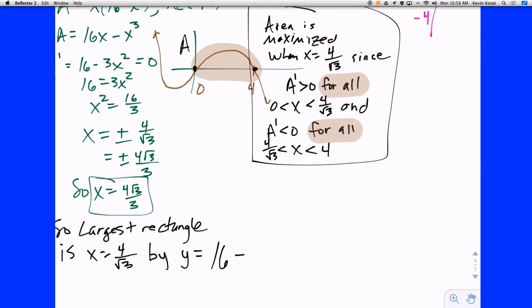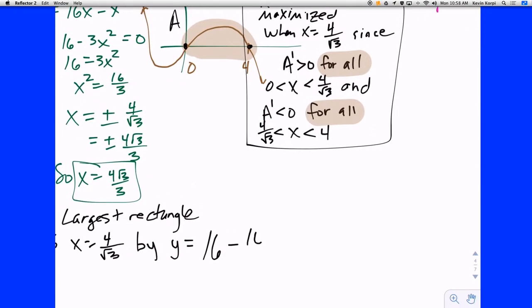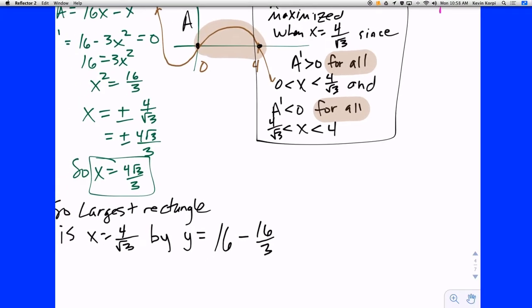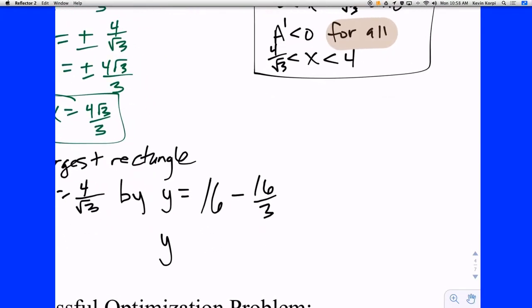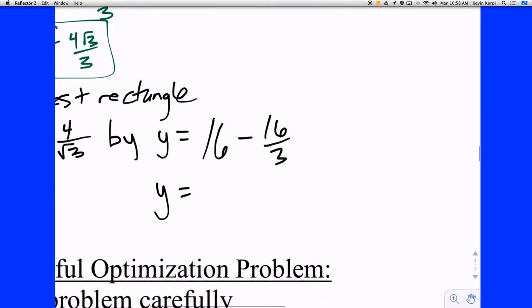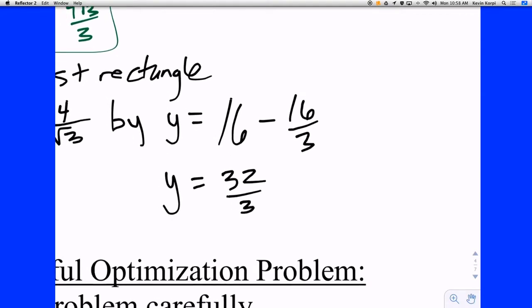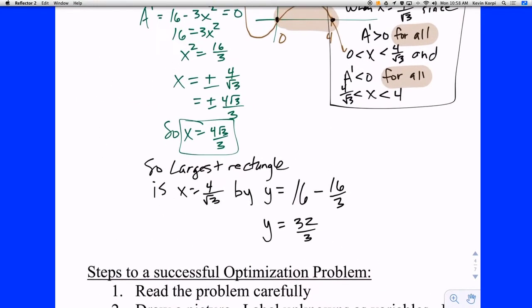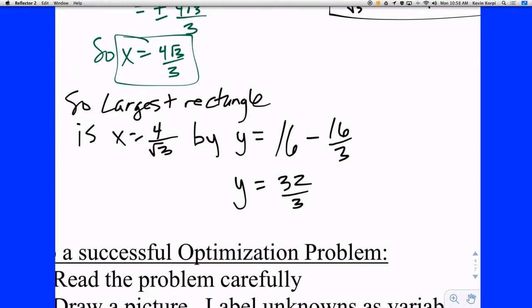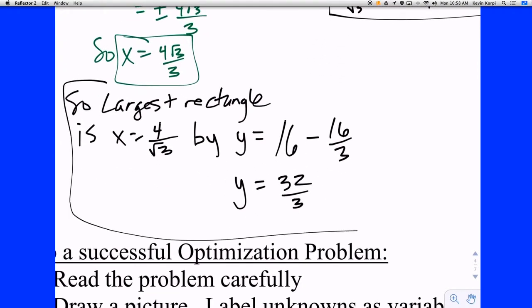We get 16 minus 16/3, which if you wanted to simplify that, is that anything nice? 48 minus 16, that's 32/3. Okay, good. So that would be the actual dimensions of it.